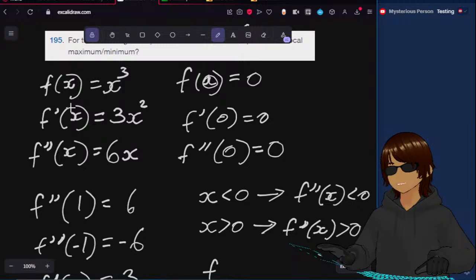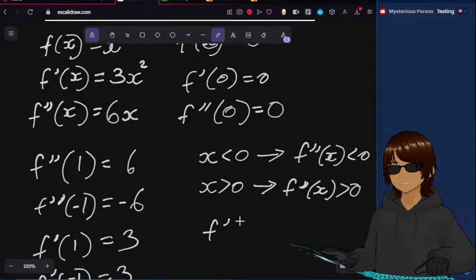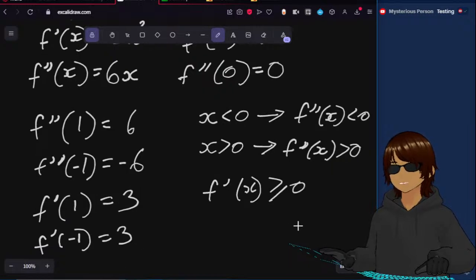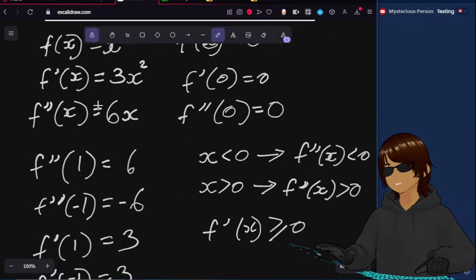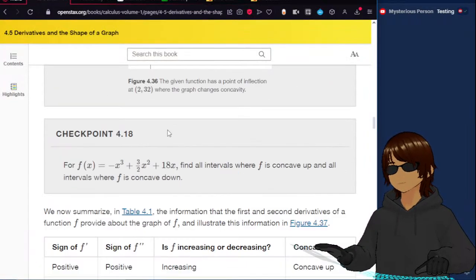Because of this equation, we can determine this. So it's not a local maxima or minima.